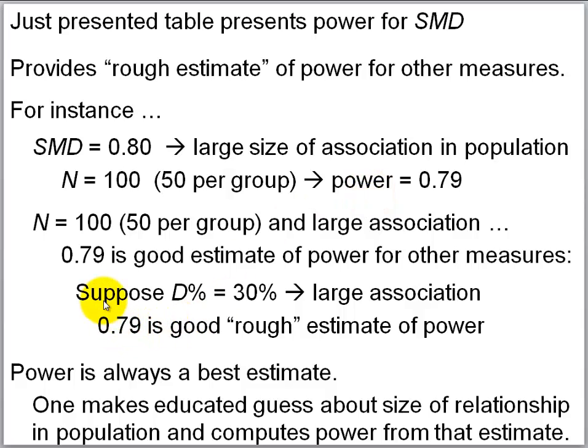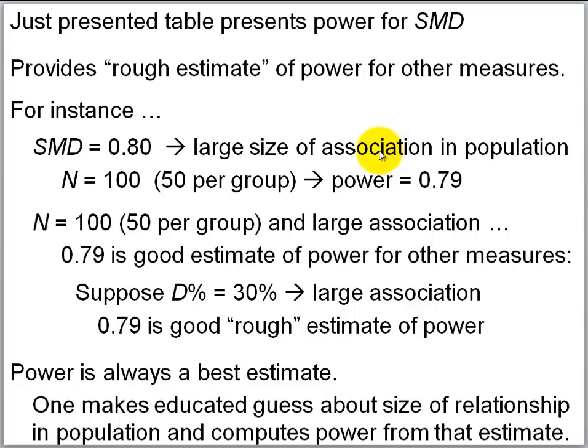So here's an example then. Suppose the difference in percentages calculated to be 30%. Well, according to the chart for descriptors of size of association for difference in percentages, a difference of 30% is a large association. So in that sense, it's equivalent to an SMD of 0.80 because that's also our designation of large association.